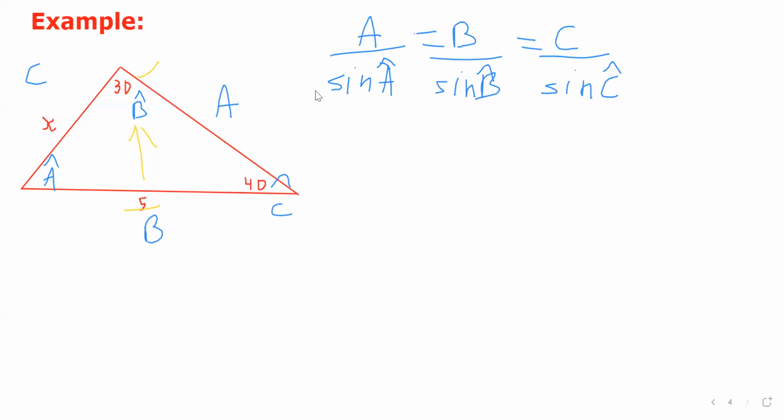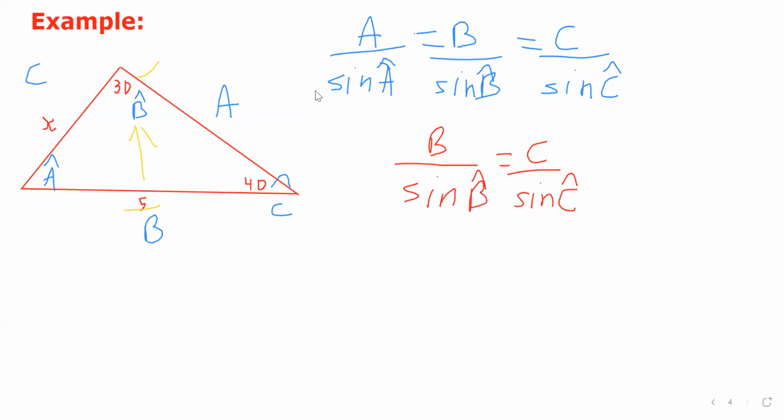So A, since we don't have anything for A, I could just leave it out, okay? So the equation will just end up being B on sine the angle at B, which is equal to C on sine the angle at C. Nice. So plug in values.